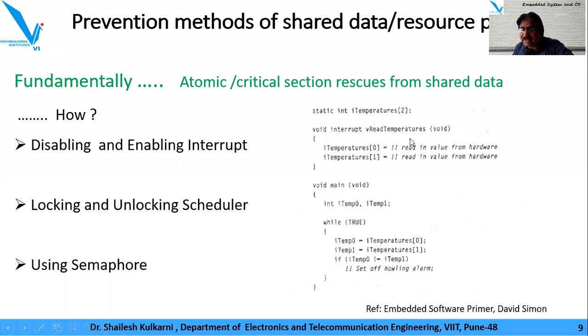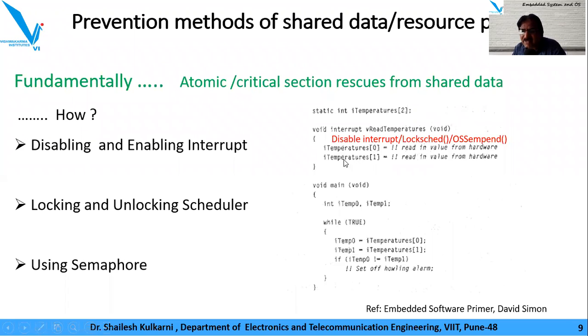Before entry of this critical section, I can disable the interrupt, or lock the scheduler, or take a semaphore. When I take a semaphore, as we know, the other task which is waiting for the semaphore cannot make use of this resource or update it.